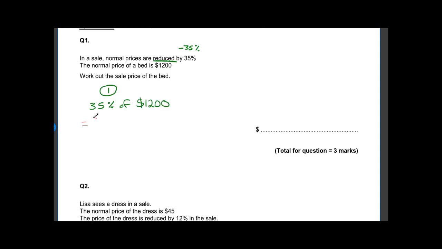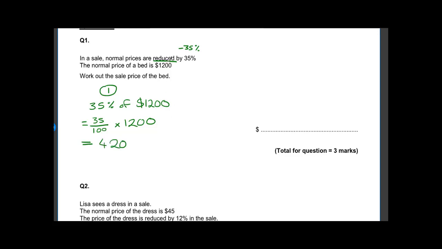So that equals 35 over 100 times 1,200. So you do that on your calculator. Whatever that is, it's 384, something like that. 30% of this is 360, and 5% of this is going to be 60, so it's 420.